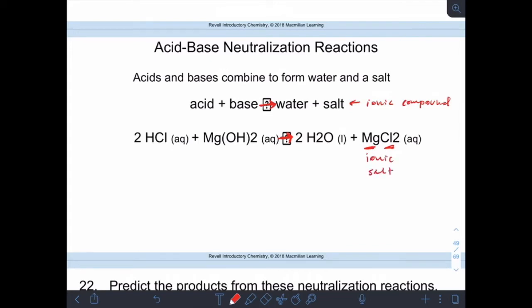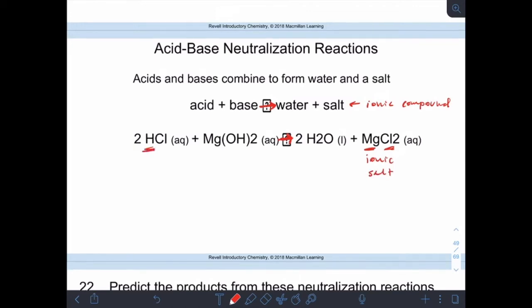Okay? So acid, take a look, starts with an H. It's a dead giveaway that it's an acid. And then we have a compound with OH that makes it a base. So acid plus base makes water plus a salt.